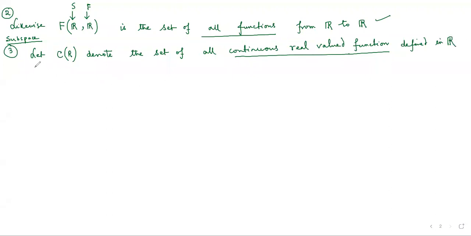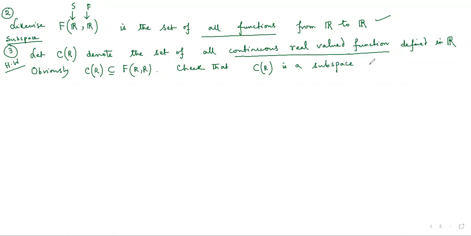Okay, it is quite obvious. FRR is the set of all functions and CR is the set of all continuous real valued functions. Obviously, CR is a subset of FRR. So your next homework, if you have not done so earlier, is to check that CR is a subspace of FRR.